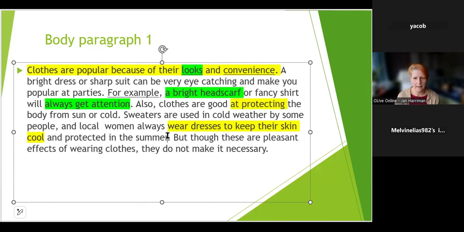But what's happening in this last sentence? What is the author doing in this last sentence? What is that sentence doing, do you think?